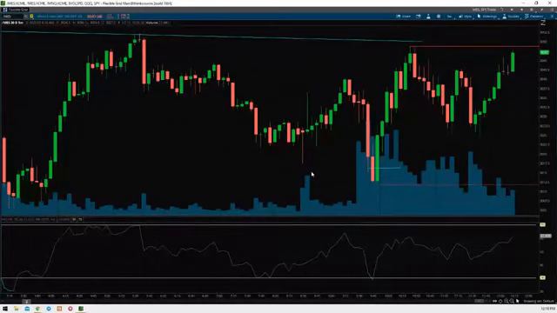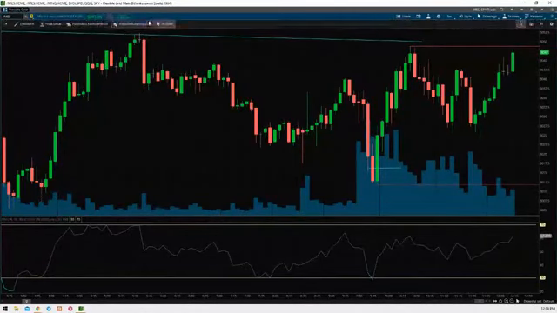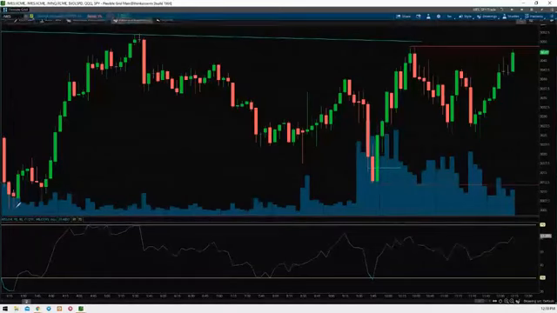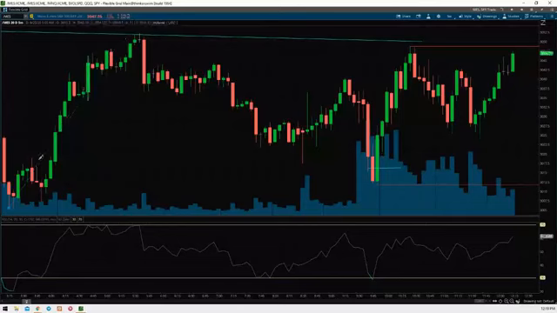So today we are going to start from the bottom. Okay, so I'm going to start from the bottom here and put an extension. And I do like to do this on the hourly. So that's your A position. Up to this area here is your B position.